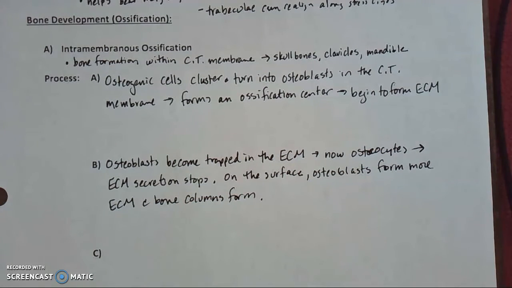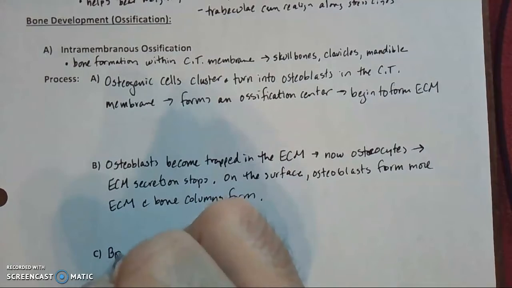So we have bone forming, but then on the surface we have a little bit of osteoblasts still present, and they're going to start forming bone columns from one surface of the bone to the other.